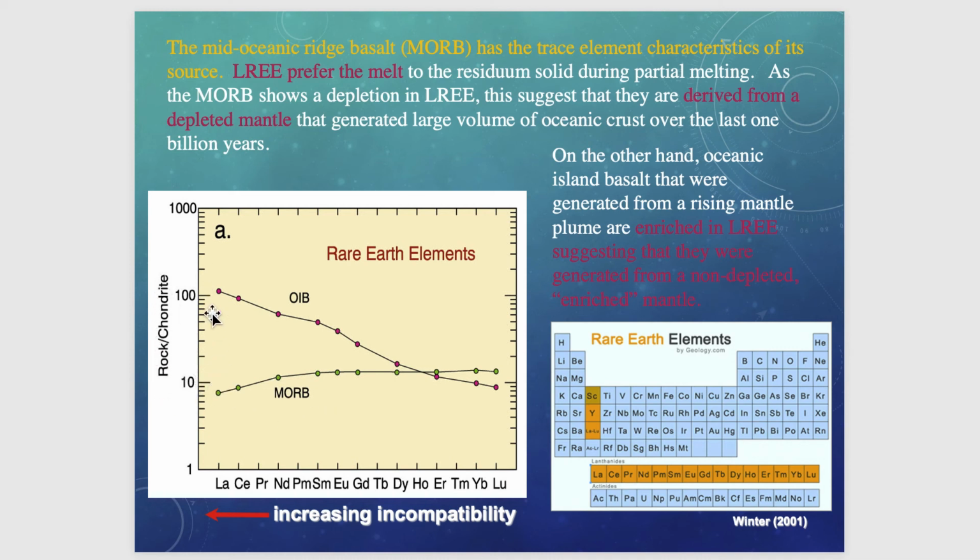So there is a magnitude of 10, or one order of magnitude, difference between OIB and MORBs. Towards the heavier side, you get a situation in which they start to be very similar. So these rare earth elements are less useful to differentiate the two series.